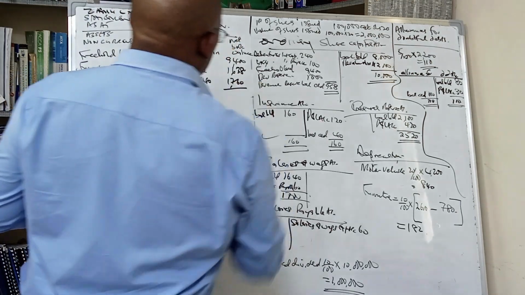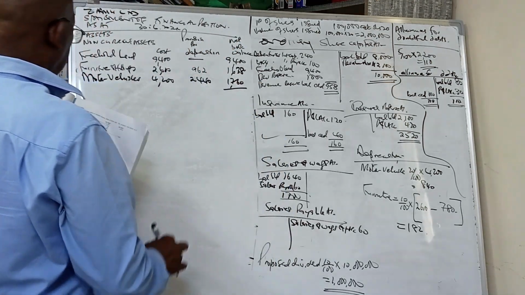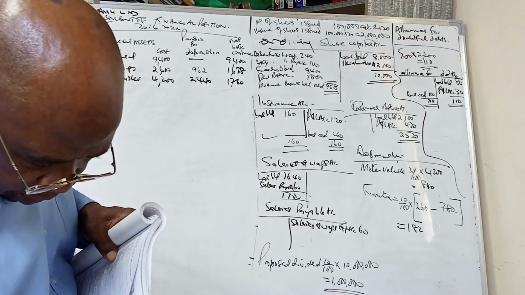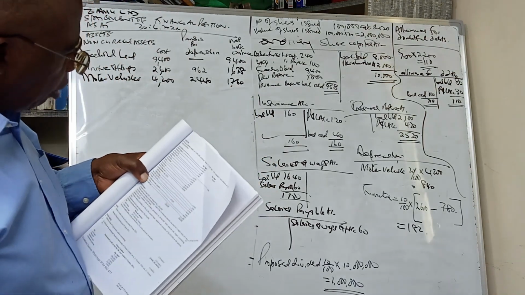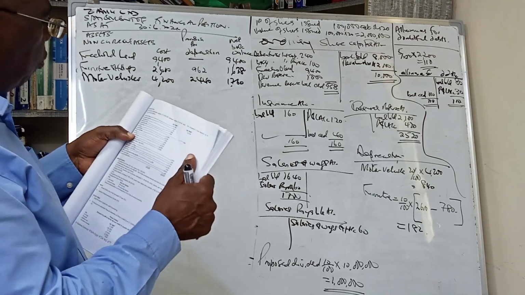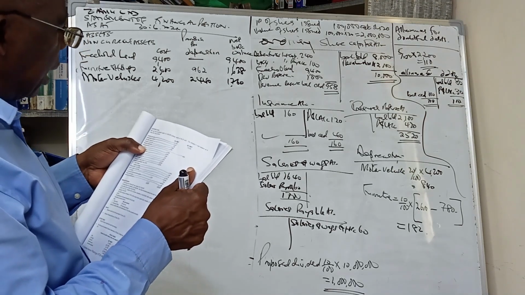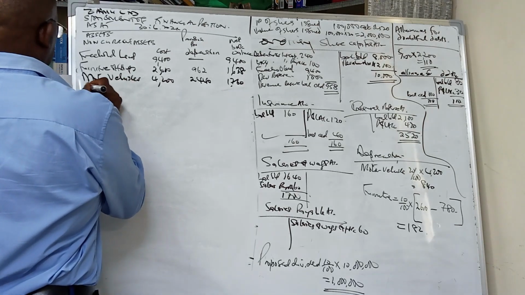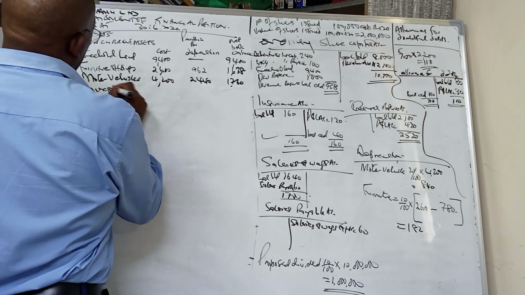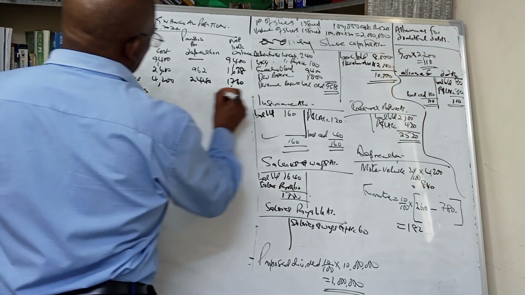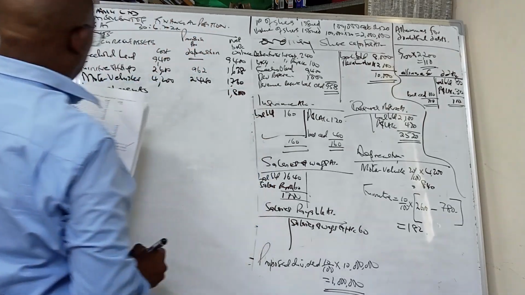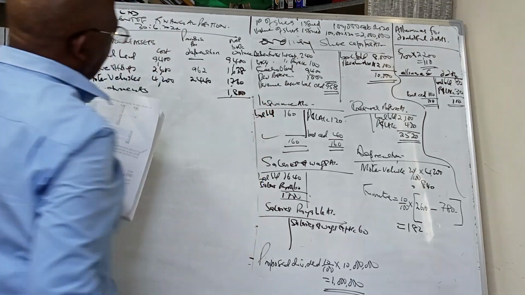So we add the three. We also have an investment, from the trial balance, of 1,800,000.